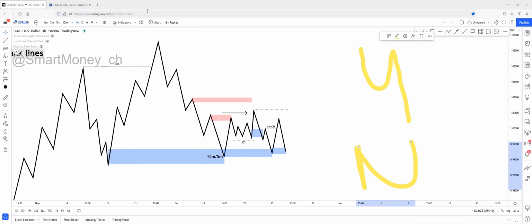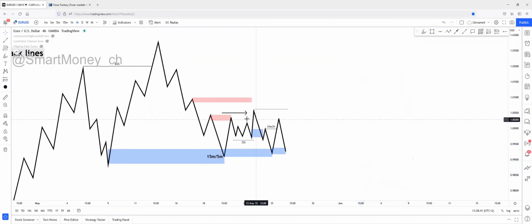No trades yet. It's a little bit frustrating, but you know, it's better to wait for confirmation than taking huge losses because of impatience. So yeah, it's better to wait.